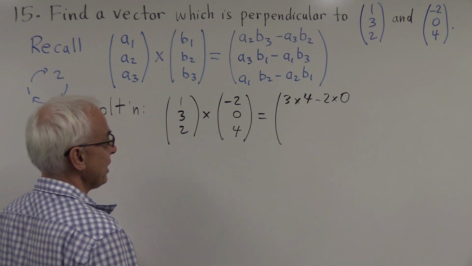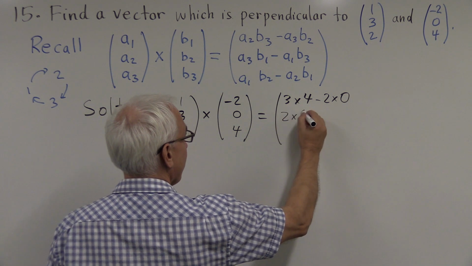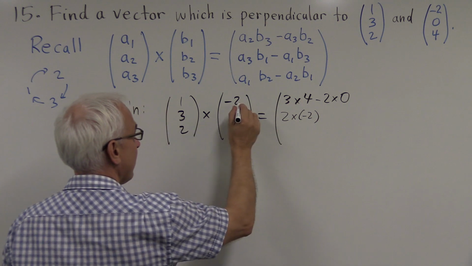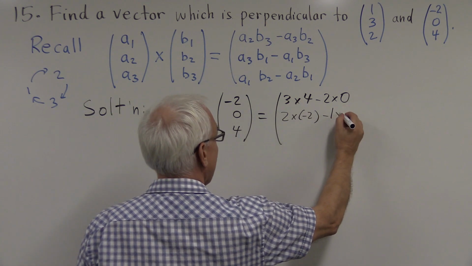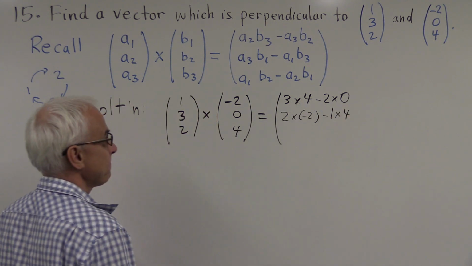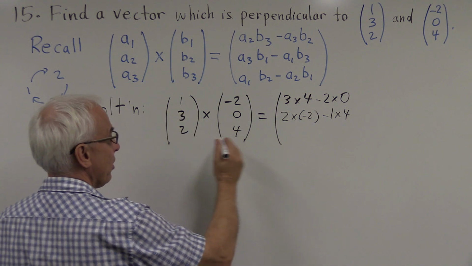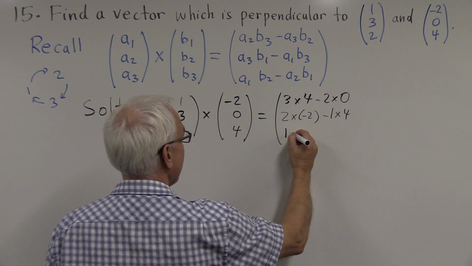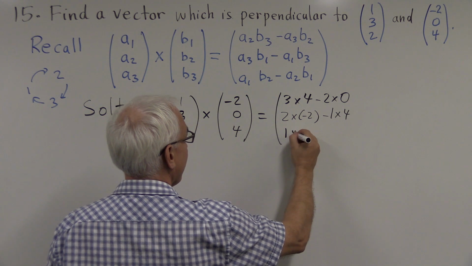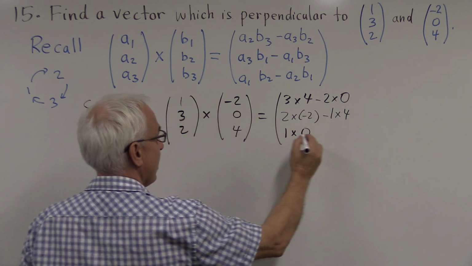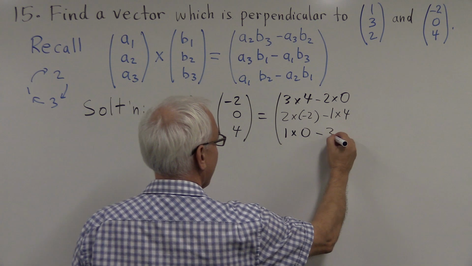Then the next entry is 2 times minus 2 minus 1 times 4. And then the next one will be 1 times 0 minus 3 times minus 2.